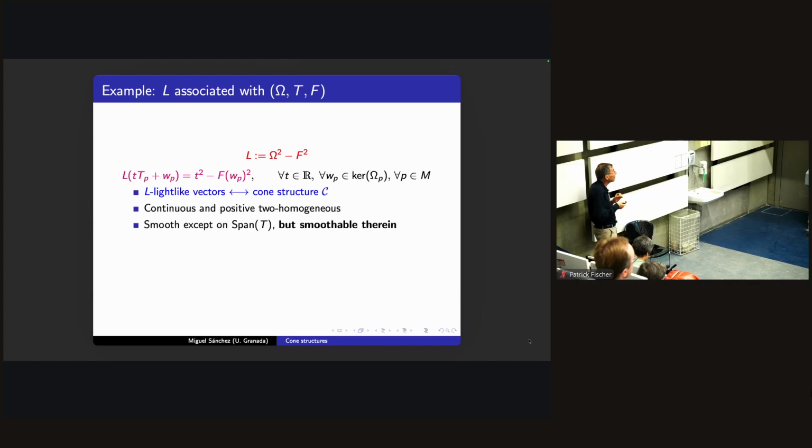One technical observation is that this construction is not smooth just in the direction of the timelike vector, because in this direction the Finsler metric is not smooth at zero. But anyway, this can be smoothed, and this is not a true problem.